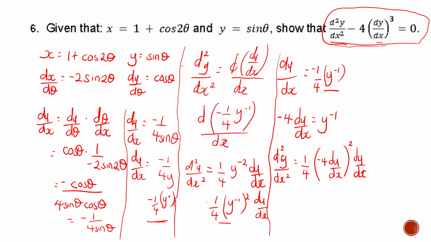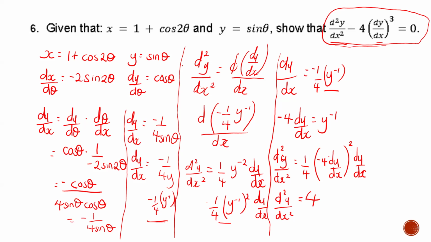Okay, we are moving somewhere. So we'll have d squared y dx squared is equal to, so -4 squared is 16, right? 16 divided by 4 will give us 4, right? Then we're going to put a 4 here.